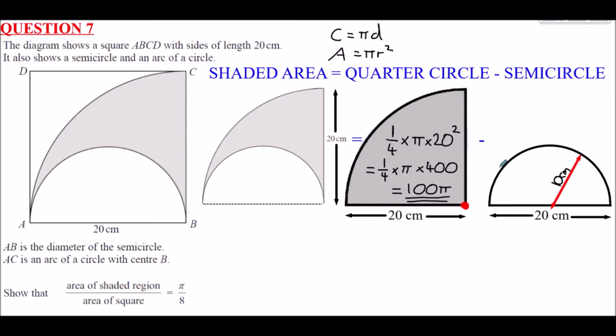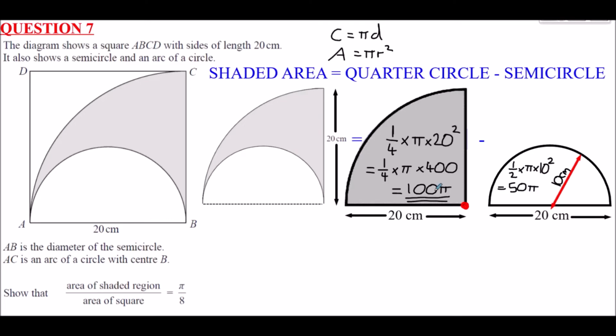So the area of this one will be, because it's a semicircle, going to be half of pi times 10 squared. Now, 10 squared is 100. Half of 100 is 50. So that gives me 50 pi, like so.